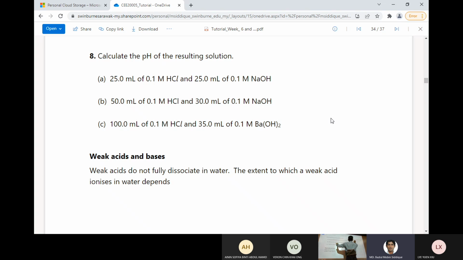So 50 over 1000 times 0.1 molar gives the number of moles for HCl, and for sodium hydroxide it is 30 over 1000 times 0.1. So what is the value? 5 times 10 to the power negative 3. And this one, 3 times 10 to the power negative 3.